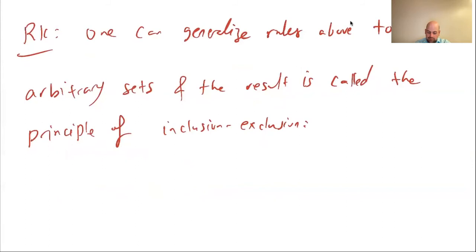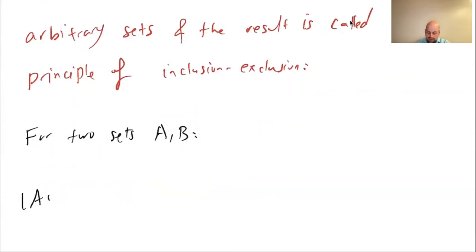So let's see how it works. For 2 sets, A and B, I can say the number of elements in A union B is equal to the number of elements in A plus the number of elements in B minus the number of elements in A intersection B.